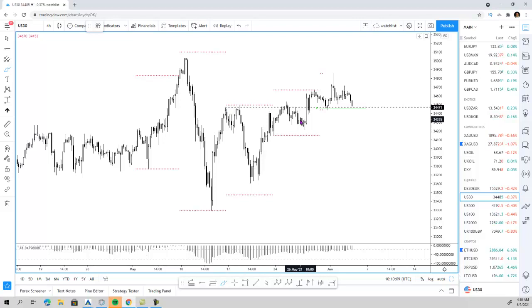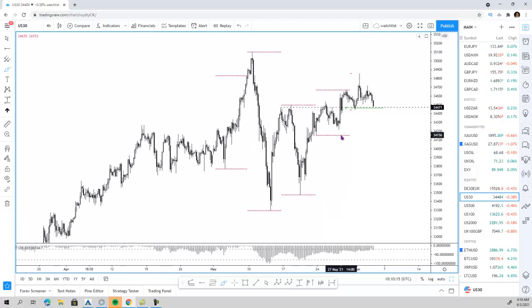Pretty basic breakout retest trade, which confluences with the weekly pivot, and also with the bullish structure, right?